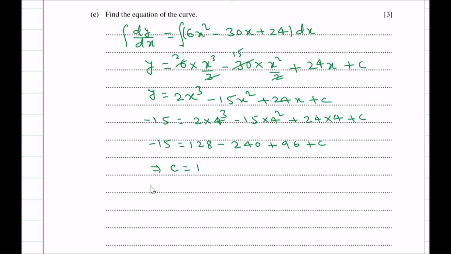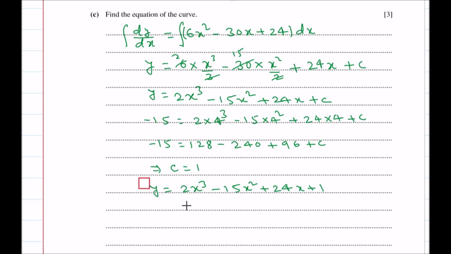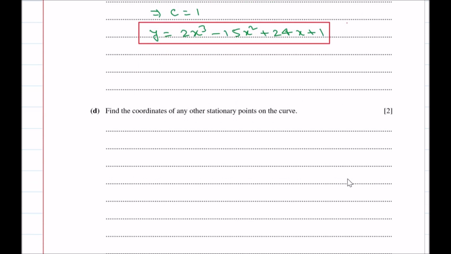So the equation is y equal to 2x cube minus 15x square plus 24x, and the c value is 1, so put 1 here. So this is our equation of the curve. Okay. I hope it makes sense to you. Let's go to the next part.